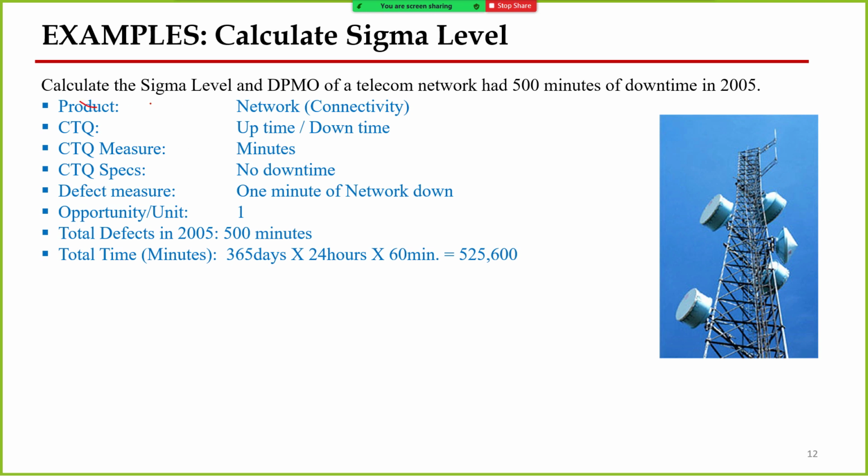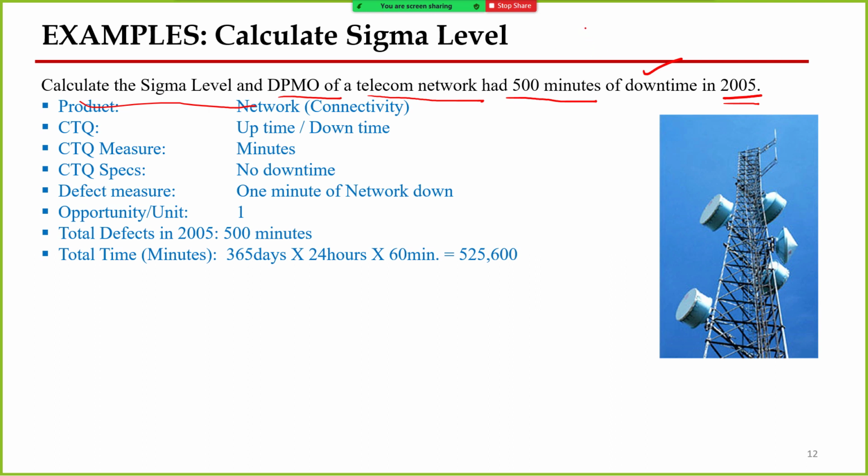I want to calculate the sigma level as well as DPMO from the telecom network, and this telecom network is down for 500 minutes in the year of 2005. So based on this statement, what is our critical to quality? That is certainly the downtime. So the question is, I want to quantify the sigma level and DPMO.